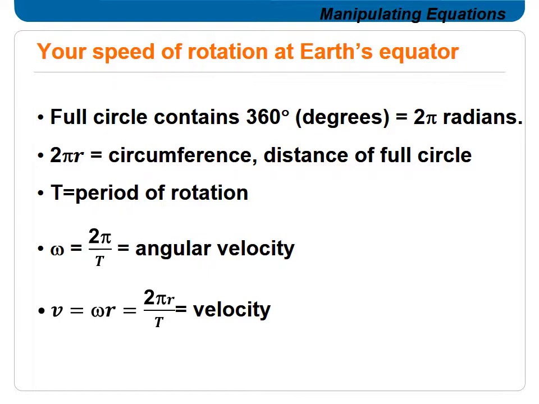The period of rotation is 1 day, 24 hours. So your angular velocity is 2 pi radians divided by 24 hours. And your velocity is the circumference divided by the period, or 2 pi r divided by the amount of time. It's just distance divided by time.